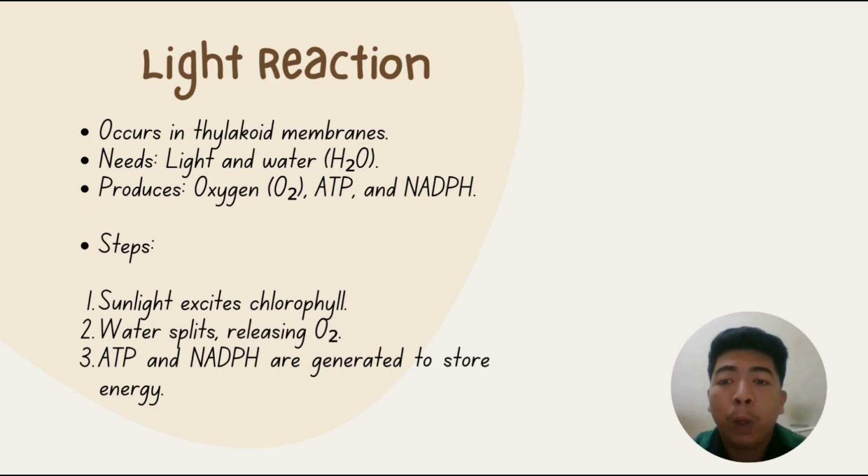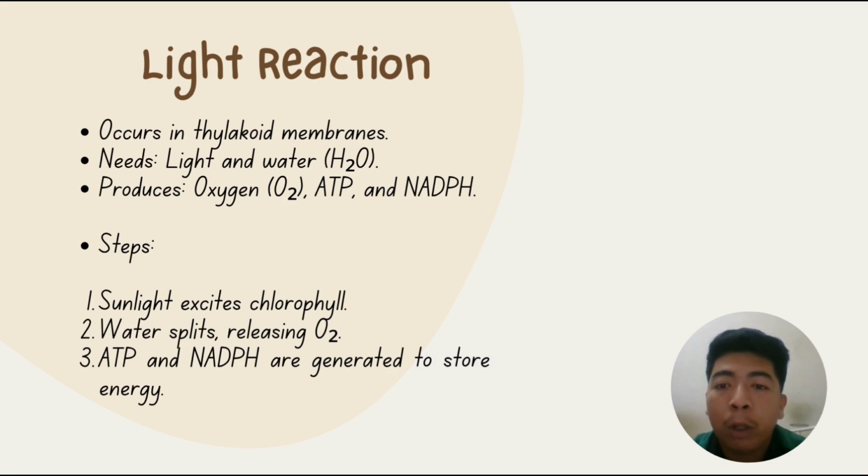Okay, now we look at the light reaction. As the name suggests, it requires light to function. It takes place in the thylakoid membrane when sunlight hits the chlorophyll. It excites the electrons inside the pigment, giving them energy. These energized electrons then travel through a pathway called the electron transport chain.